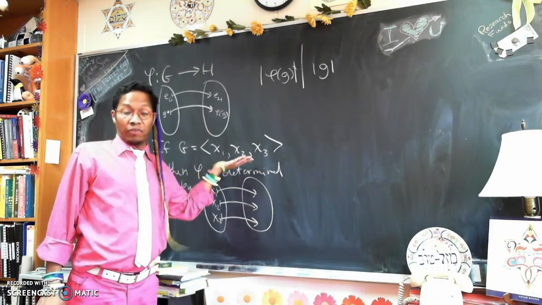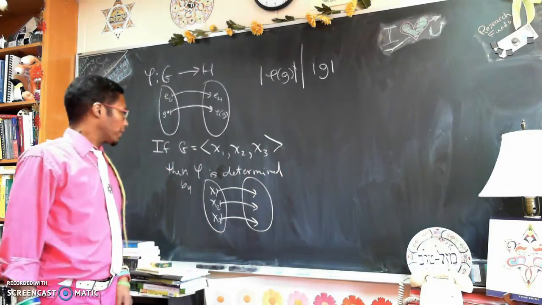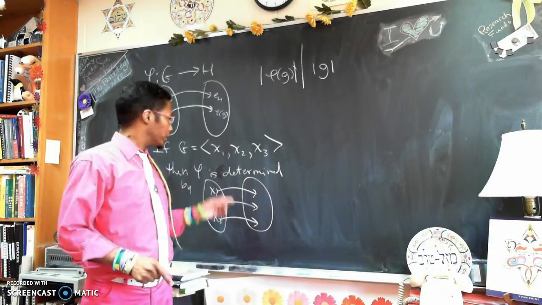If it's, for example, generated by 3 elements. And so counting homomorphisms, this is great.